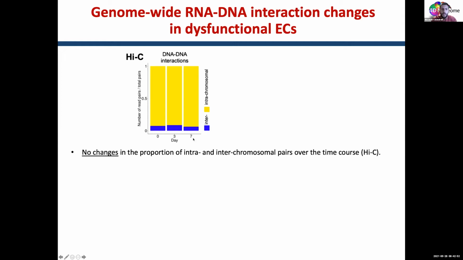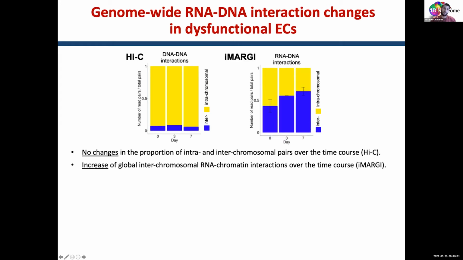As you can see, there is not much of a difference. On the contrary, you can see that iMARGI data showed a completely different trend. In this case, we observe a strong increase in the number of RNA-DNA interactions going from day 0 to day 7, which is, again, different than what we observe from Hi-C data.